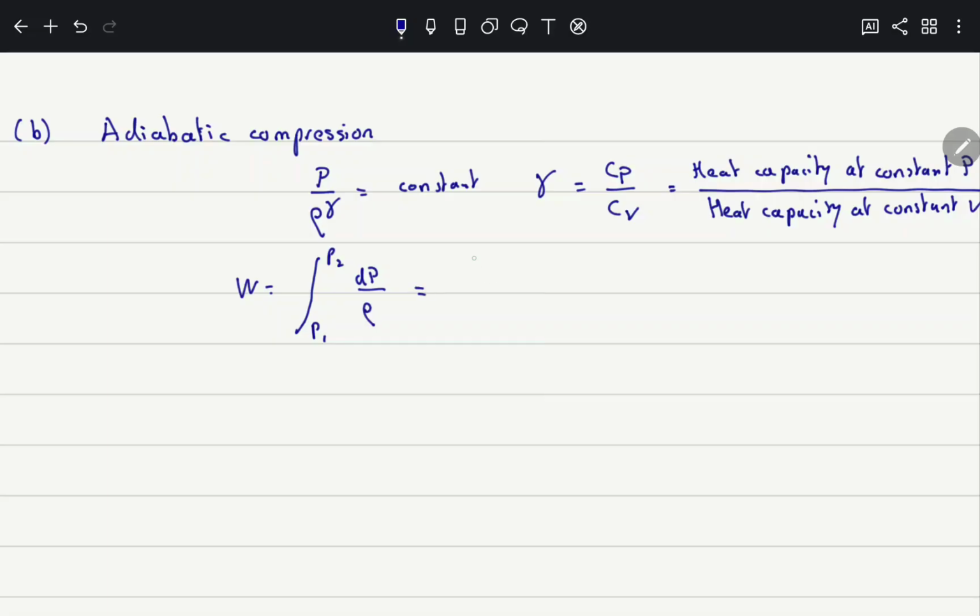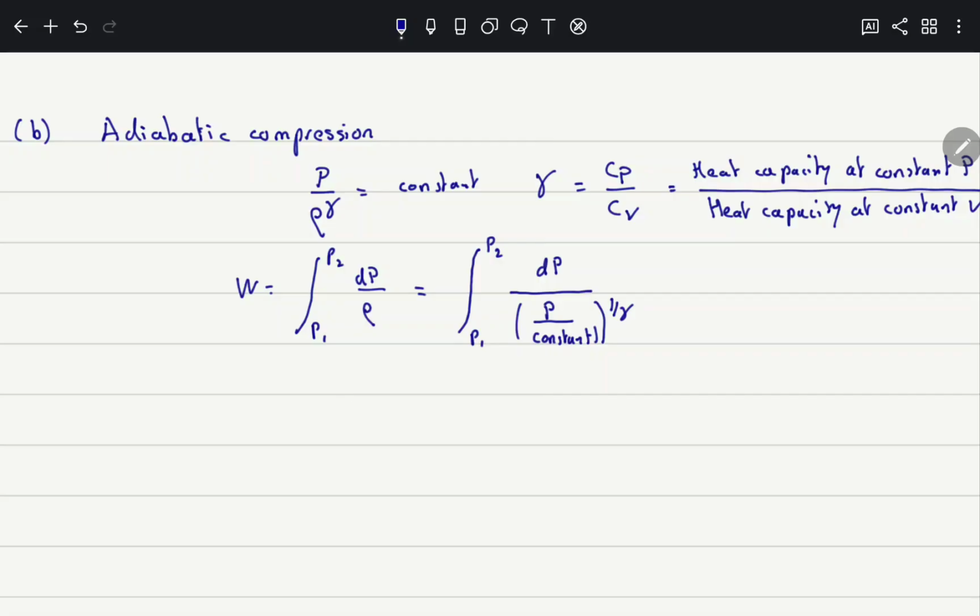And so this time we have the integral between P1 and P2 of dP divided by P over the constant to the power of 1 over gamma. That's because of the relationship that we just established, that for an adiabatic compression, P over rho to the power of gamma equals a constant.